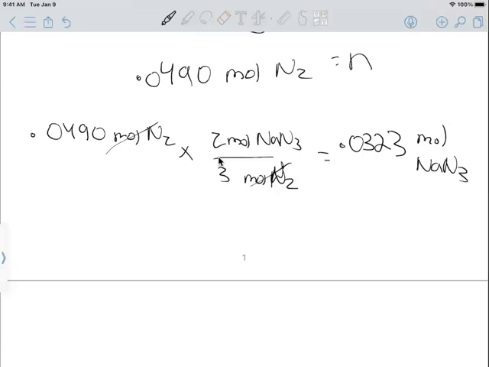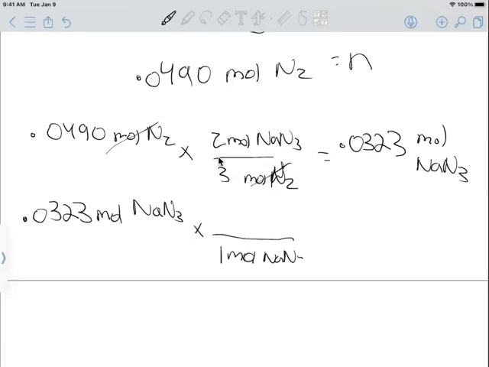We are going to go ahead and continue with our moles. So we want grams per mole. For every 1 mole of NaN3, we would look at our periodic table and add the molar mass of sodium plus the molar mass of nitrogen times 3.